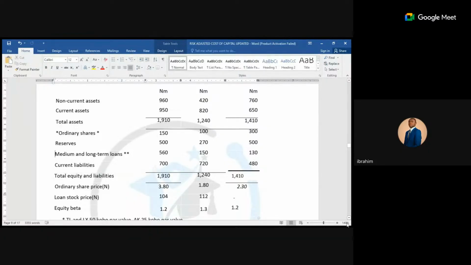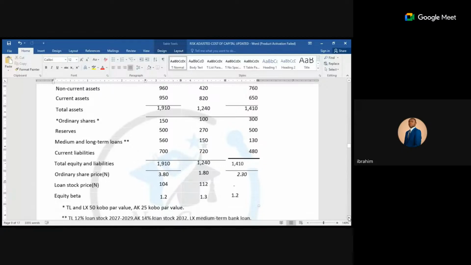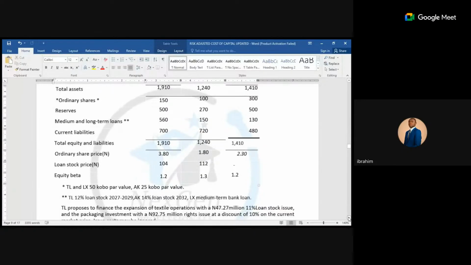Now, this question is a trap that they want you to attempt. Because what is this ordinary shares for? Ordinary share price. You can see that this is ordinary share price.